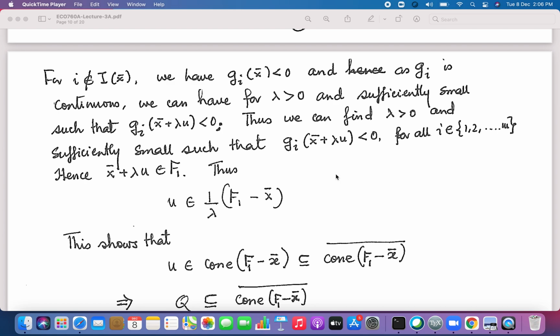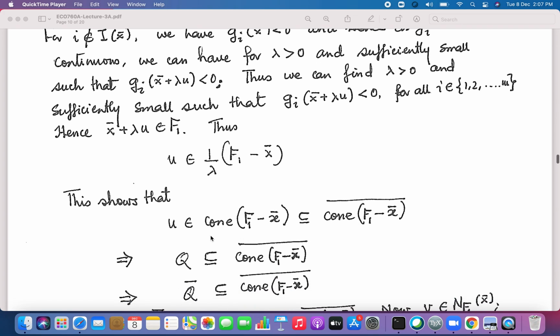Now this F1 is a convex set, because it is the feasible set. So F1 minus x bar is also a convex set. When you generate a cone of a convex set, you get a convex cone. And so here u belongs to this convex cone, because u is equal to (1 minus lambda) times some element of F1 minus x bar, say z minus x bar.